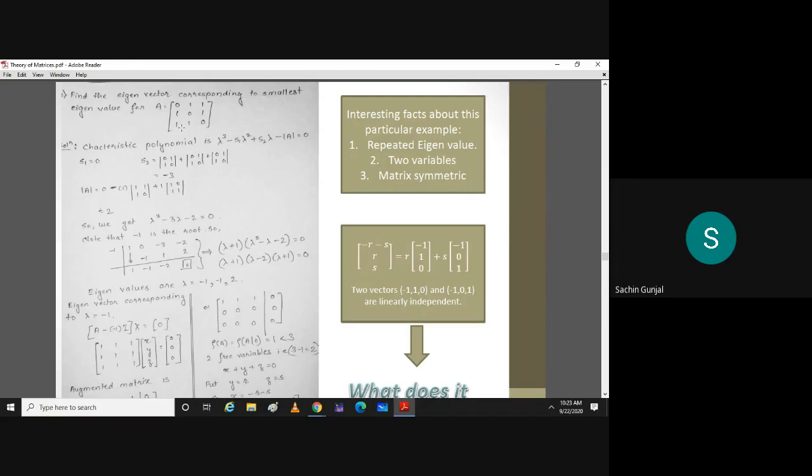Now to find eigenvalues of A raised to 5, you need to raise these values to 5. So -1 raised to 5, -1 raised to 5, and 2 raised to 5, which are -1, -1 and 32. Is that clear?